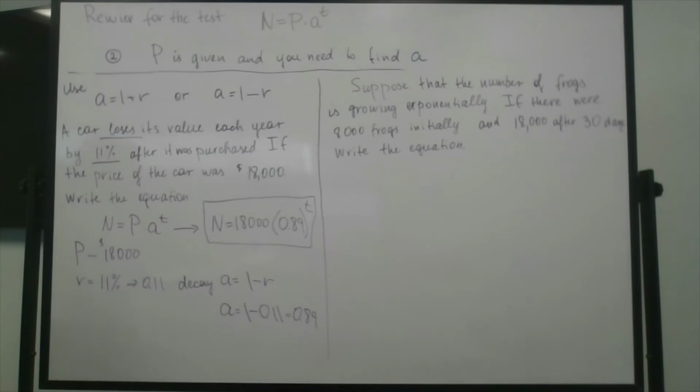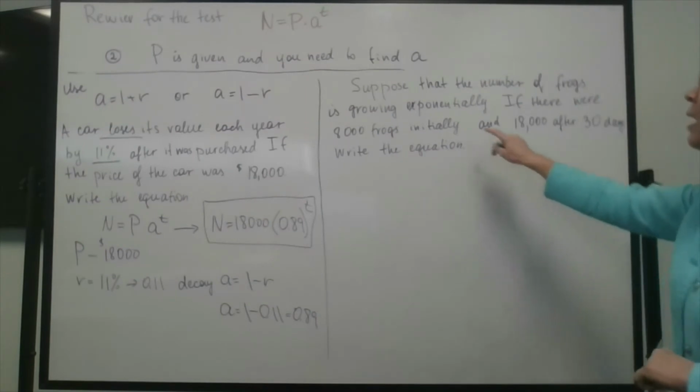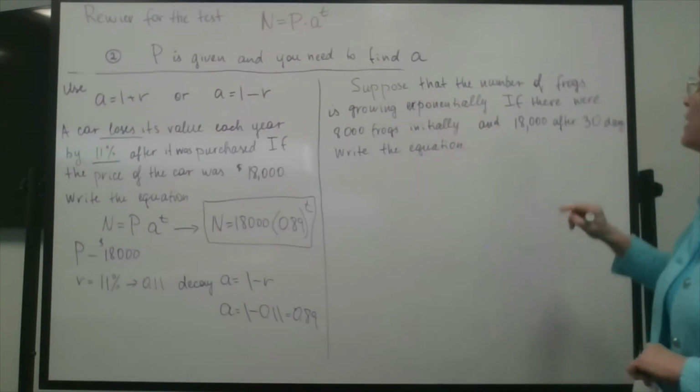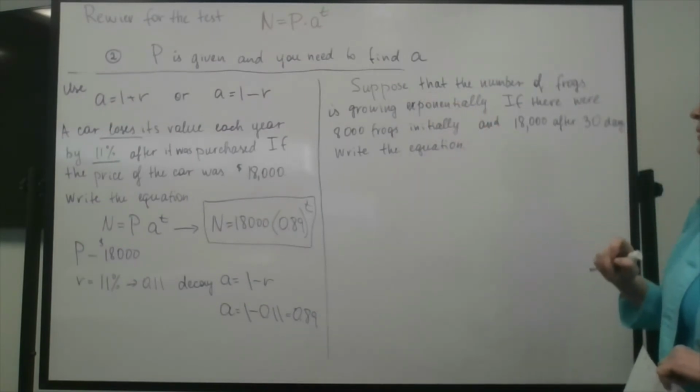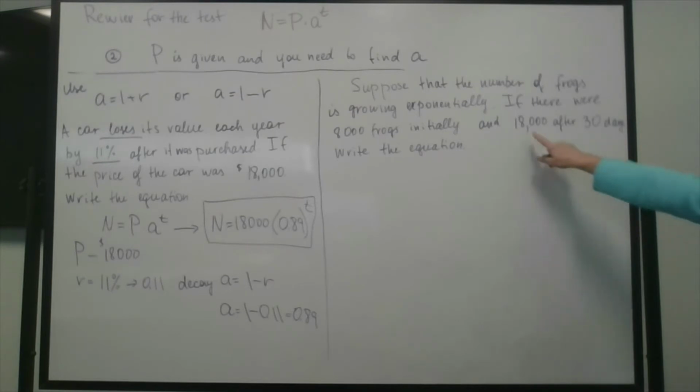Done. Let's move to the next problem. Suppose that the number of frogs is growing exponentially. If there were 8,000 frogs initially and 18,000 frogs after 30 days, write the equation down.